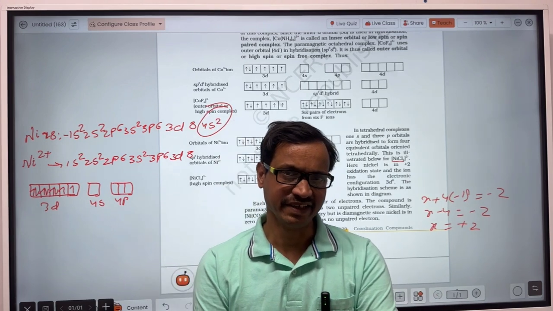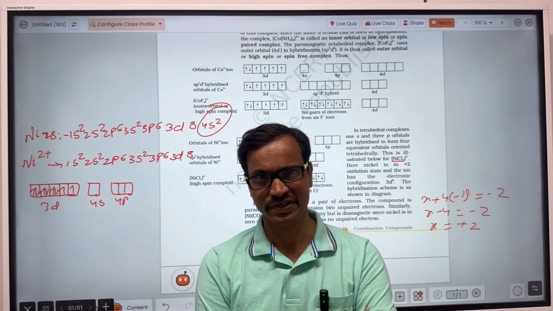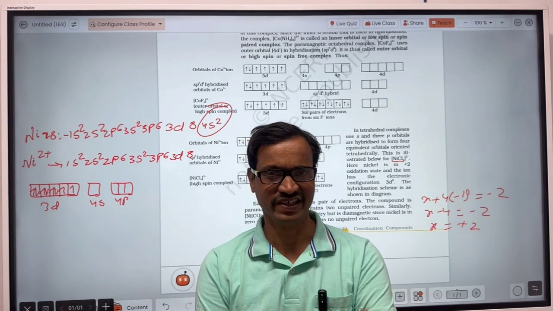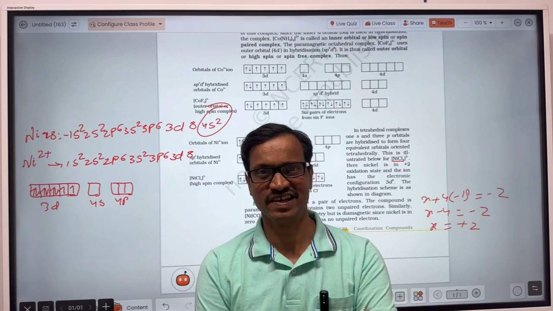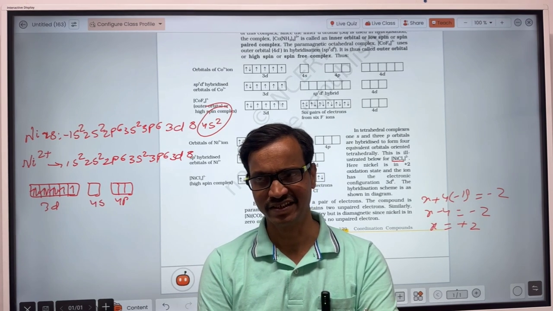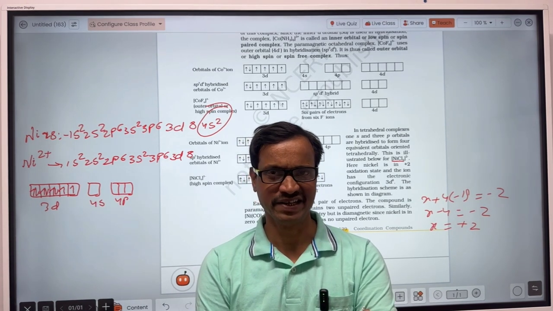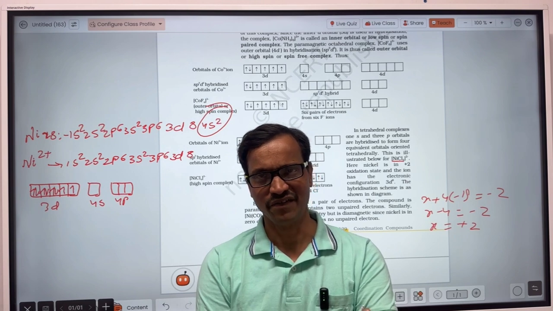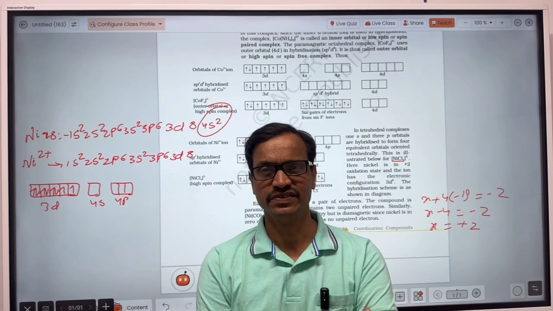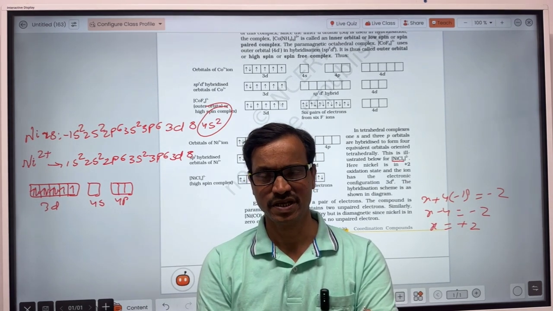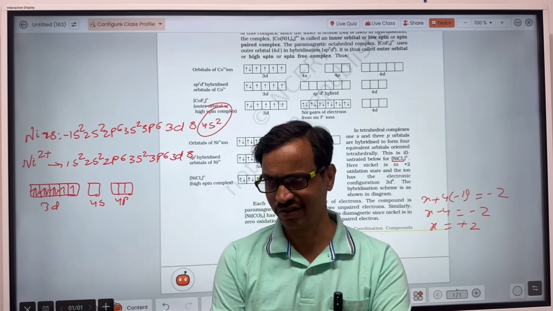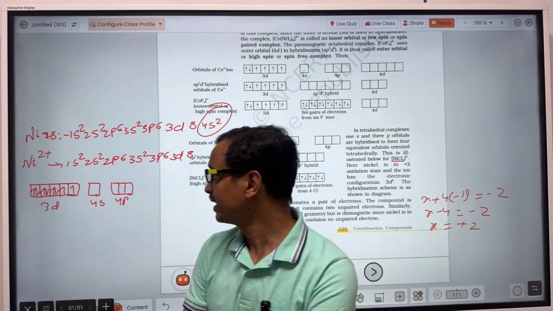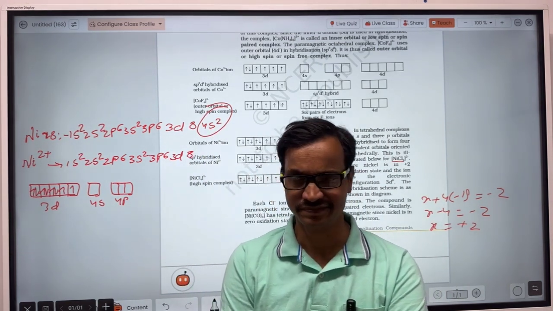So the weak field ligand will not induce the pairing of electron in Ni2 plus.